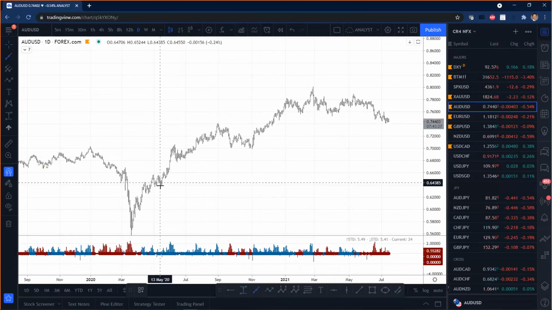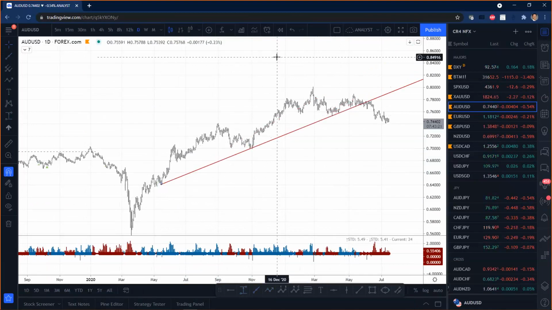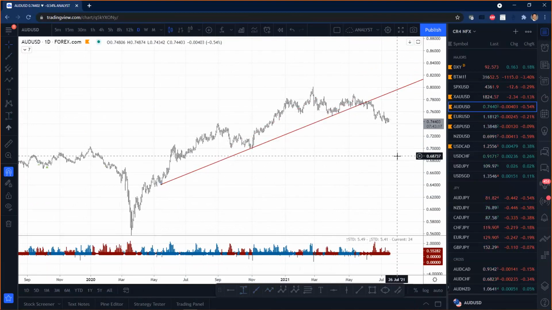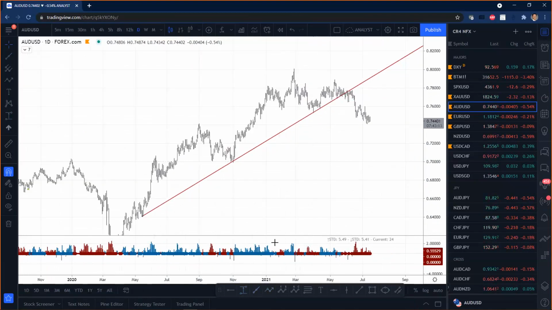I could just draw a couple of lines here. We're rolling over to the downside, and we're going to see this in the commodity currencies, although for crude, for the Canadian, it has been strong, right?